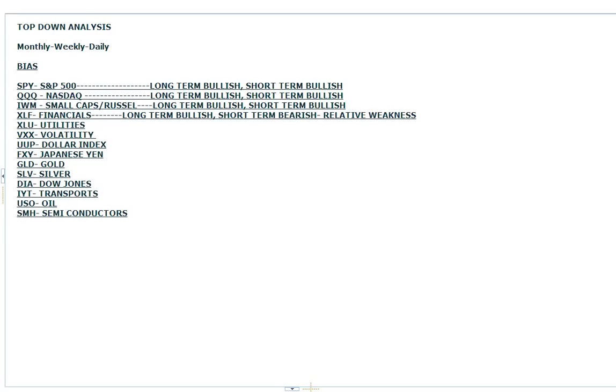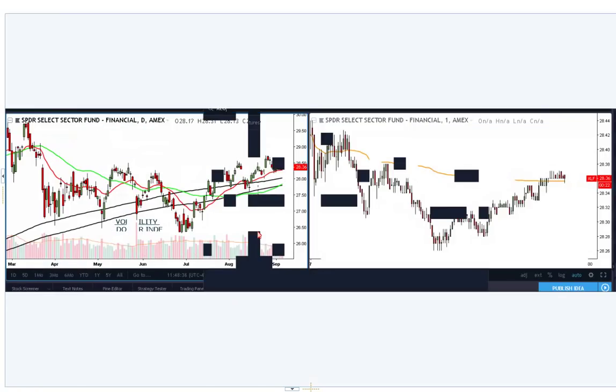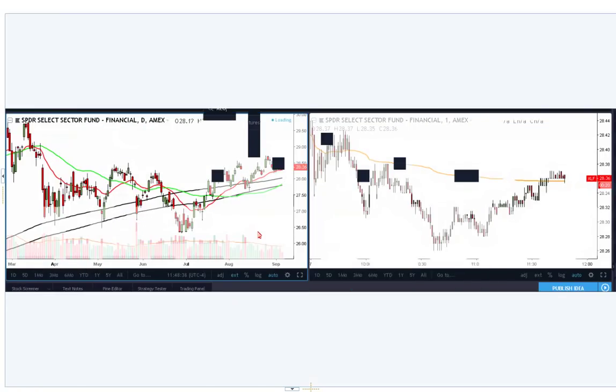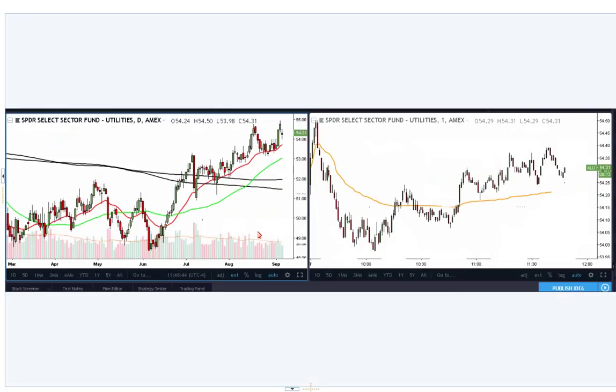All right. So the next, XLU, utilities. Now, utilities are a little bit different in terms of, we want to see financials going up, or we want to see small caps going up. However, for utilities, it's a little bit different, right?